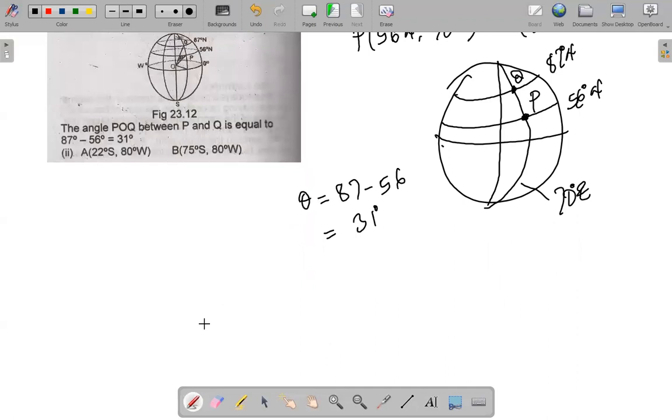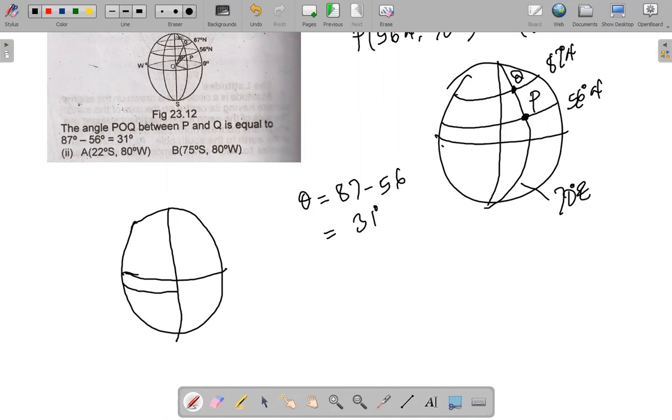So let's represent those points, point A and B. This is my equator at the middle, my prime meridian also at the middle. A is on latitude 22 degrees south. South is down the equator. 22 should not be too far from the equator. So I draw it closer, 22 degrees south.